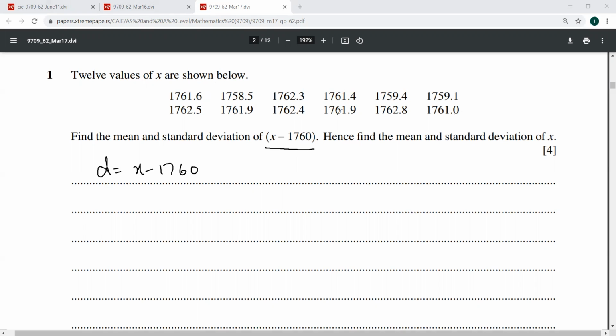But since you have to find the standard deviation as well, I think you find this because it's giving you 4 marks. So let's write 1761.6 minus 1760, that will be 1.6. Similarly 1758, so this is going to be minus 1.5. So this way you find all these values.